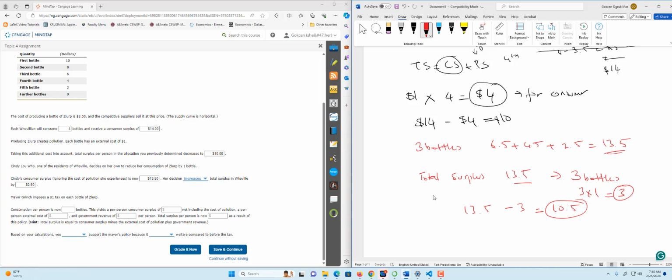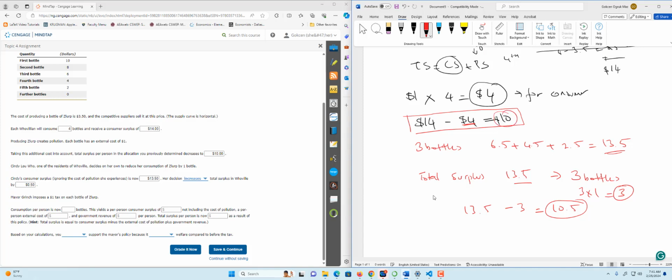But if you remember, with the consumption of the 4th bottle, we have a net surplus of $10. How did we find it? We find the total surplus of each consumer by summing up the consumer surplus for each bottle and subtracting the external cost of consuming 4 bottles.